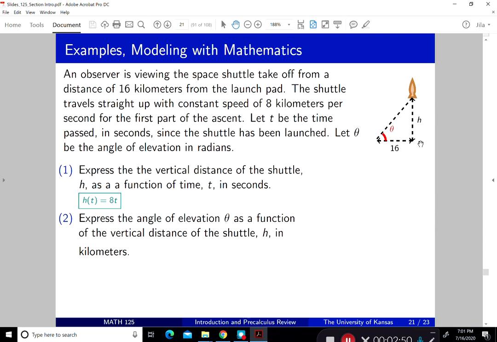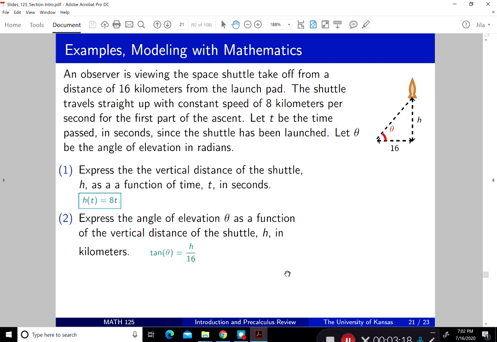We know from trigonometry that I have 16 kilometers over here, and I can use the ratio between h and 16 to find a trigonometric ratio for theta. And so tangent of theta is equal to h over 16.